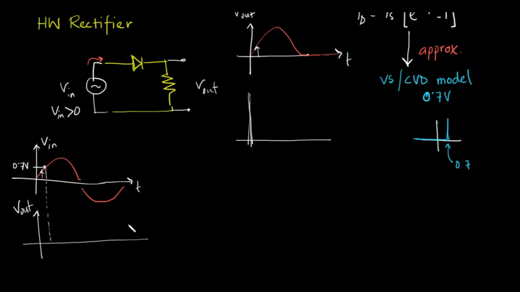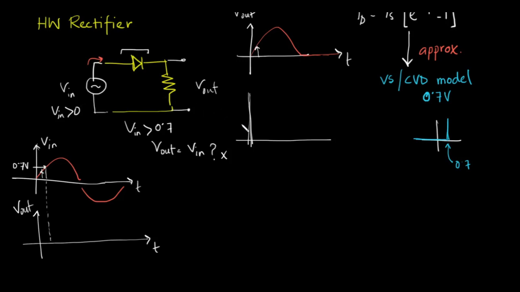After the input passes this threshold, what will be the output voltage? Will the output voltage be equal to the input voltage? Suppose the input has passed the 0.7 volt threshold, so the input is greater than 0.7 volt. Is the output voltage equal to the input voltage? Well, no, because there will be a voltage drop across the diode now.